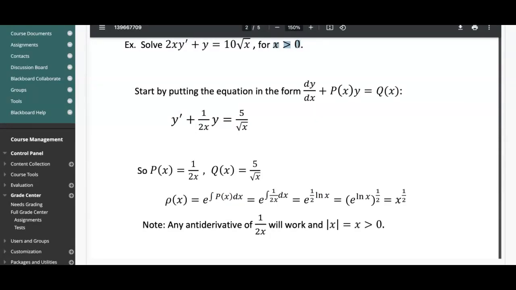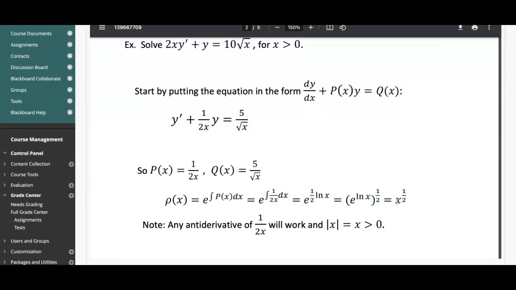Because x is greater than 0, we don't have to put an absolute value sign. Simplify this: e to the half of ln x is just square root of x. So for this example, the integrating factor is the square root of x.